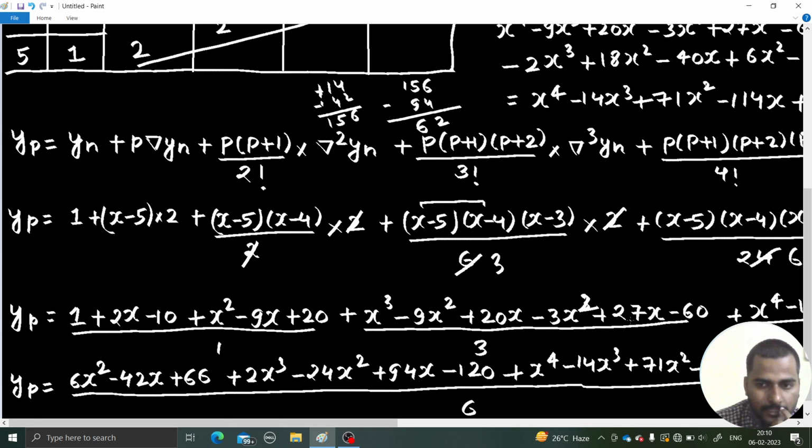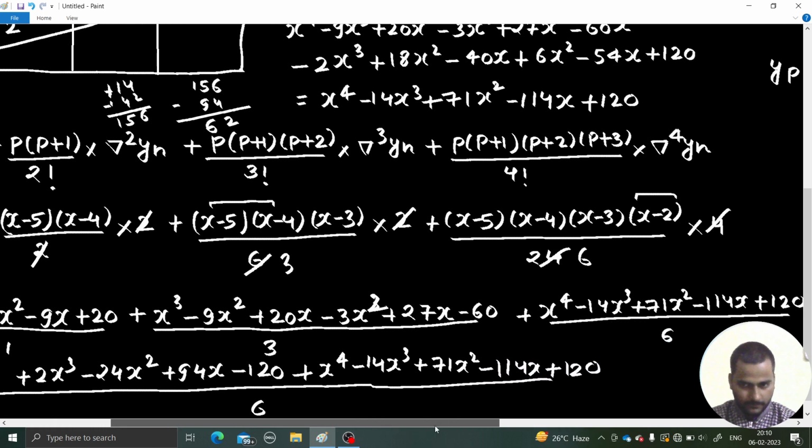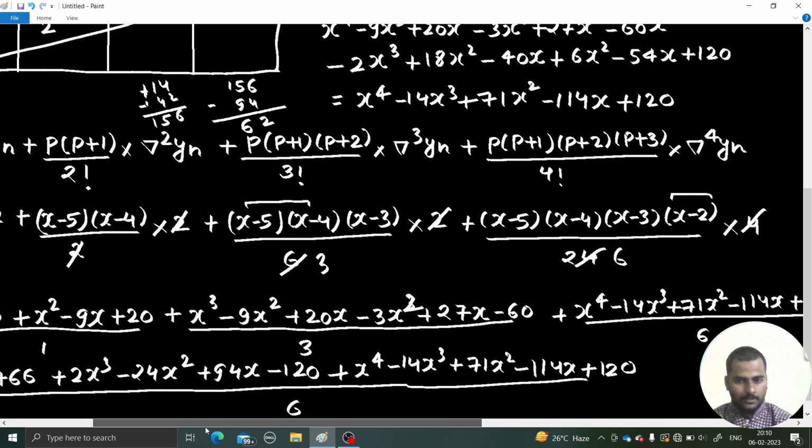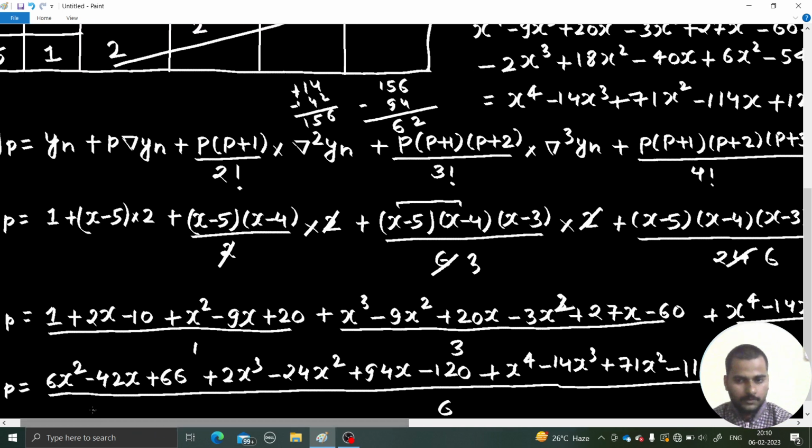Then 20 plus 27 is 47 times 2 is 94. And finally 114 with a negative sign.